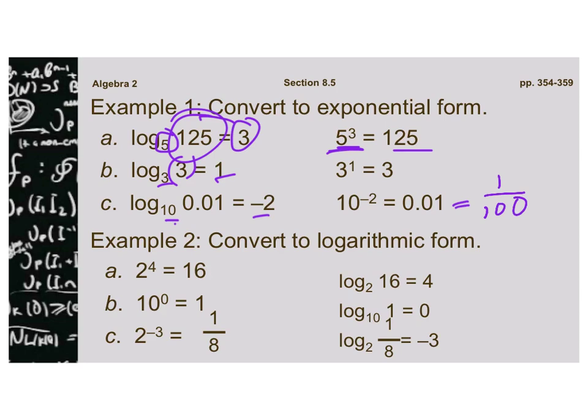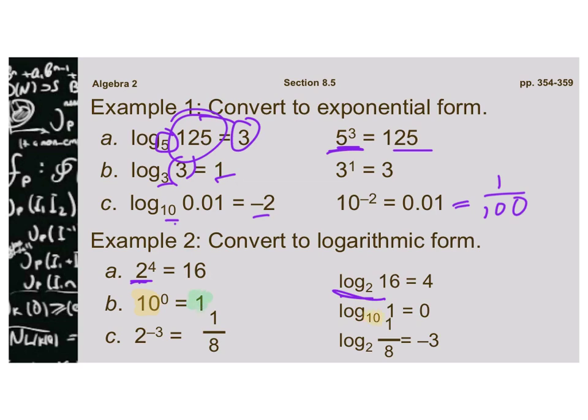All right, example 2. Now we're going the other direction. We're taking an exponent and converting it to a log. So the base in this case is a 2. So that's why we have log base 2 over here. Okay, I'm going to do this with a highlighter. We have the base is 10.